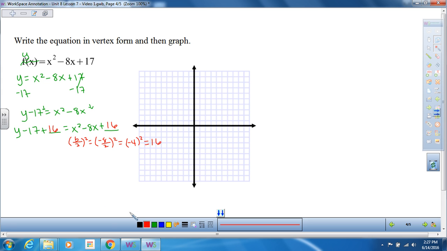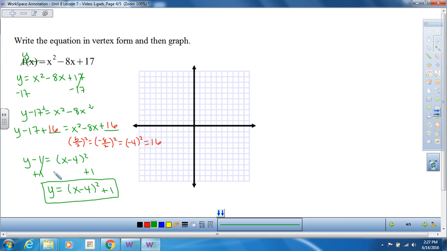Okay, so that's y minus 1 on the left, and then x minus 4 quantity squared on the right. Add 1. So my vertex form. Okay.